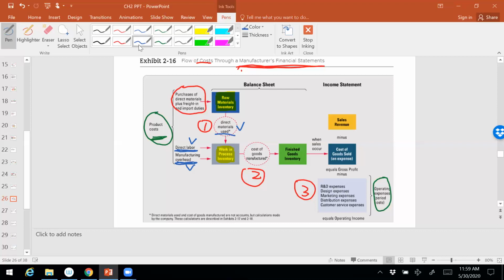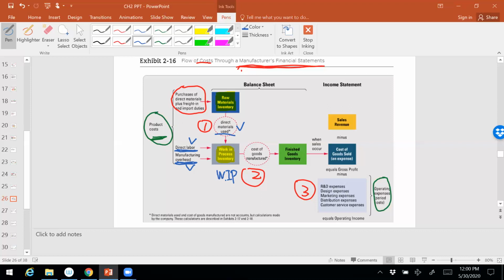We cannot guarantee that today we got the material, and tomorrow a completed car is just there, ready to be sold. No, maybe tomorrow you just finish 10%. The next day you finish another 10%. So from the raw material, we use direct labor, we use manufacturing overhead, and we get our work in process.